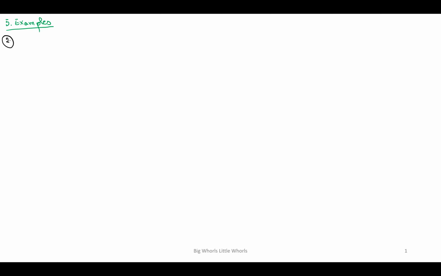In this second example, it's basically the same thing. We are being asked the same question, but this time with a different system of equations.